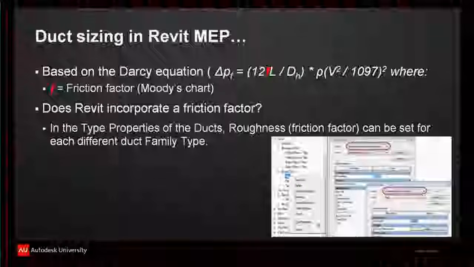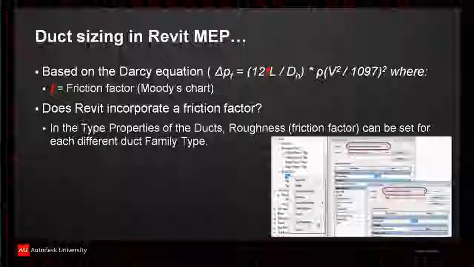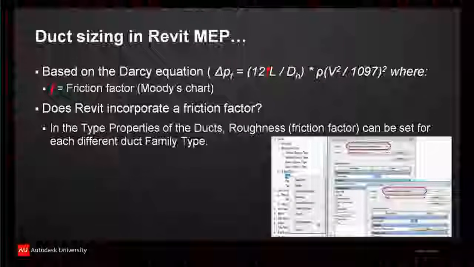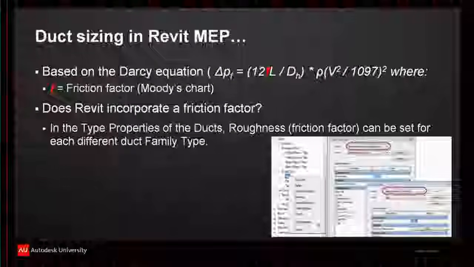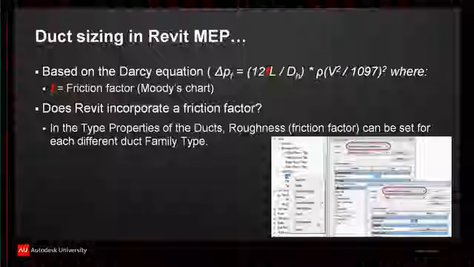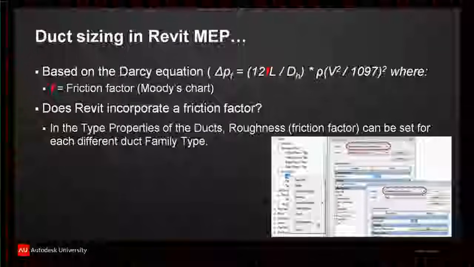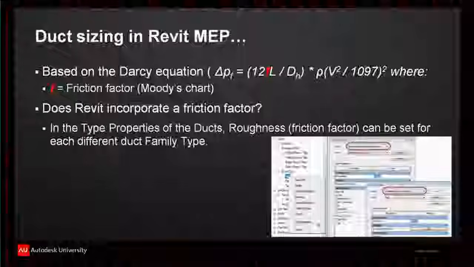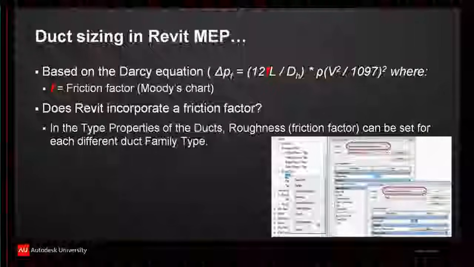If you go into the type properties of the particular ductwork system, you can assign a roughness factor for that ductwork system. So whether you have galvanized steel, carbon steel, PVC, concrete, what have you, you can assign that to that type of ductwork system. So Revit MEP incorporates that friction factor inside of the product.